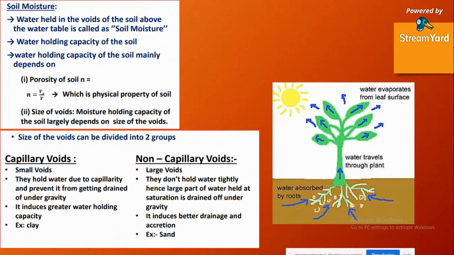Water will percolate or infiltrate into the soil and will be stored in the voids of the soil particles, and that water will later be utilized by the plant roots for nourishment and growth of the plant. So soil moisture is the water which is held by the voids of the soil.